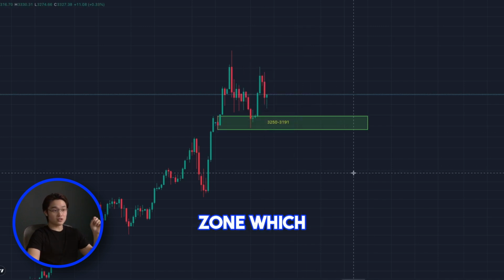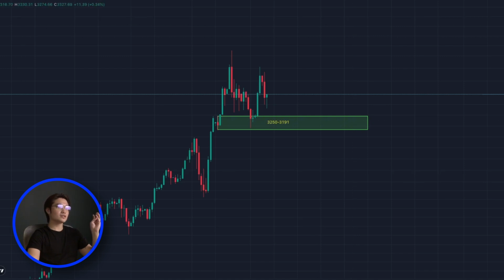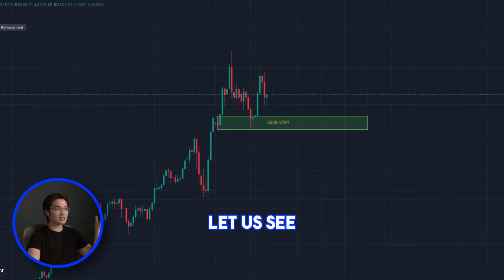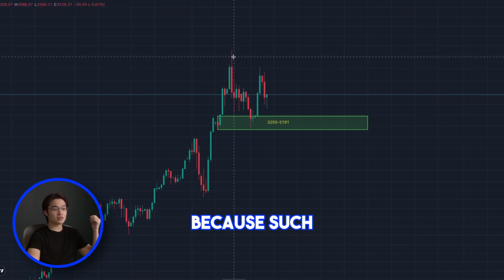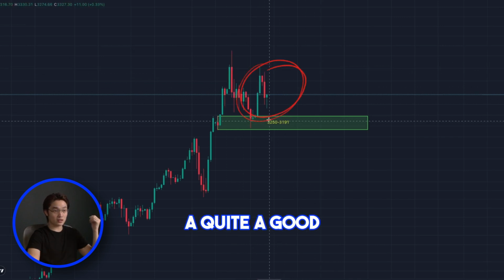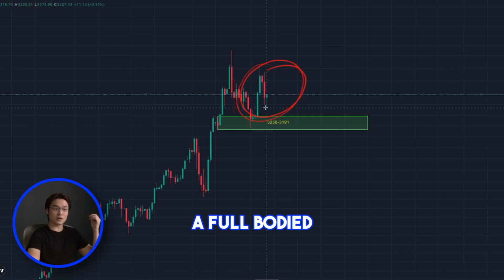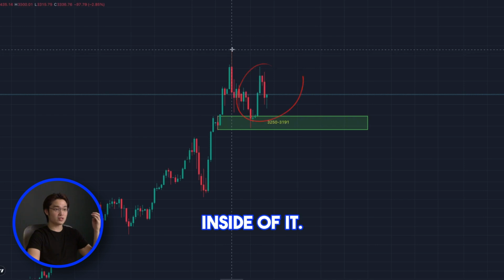Our last demand zone came around 3250 until 3191. That's our demand, and it was rejected nicely. So we see that the price rejected. Will gold reach another all-time high? Let us see in the next couple of days, because it's quite a good rejection, a solid rejection, a big candle with full body rejection. It had good volume inside of it.